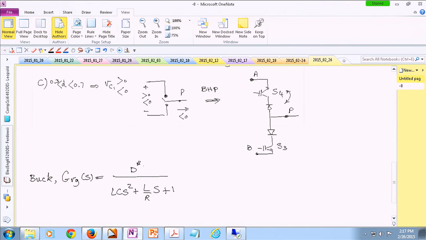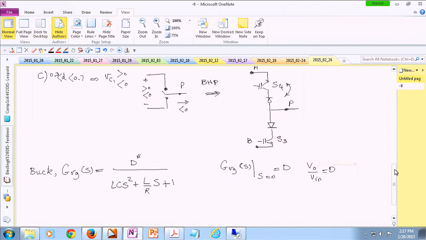When S is 0, or there are no variations, or frequency is 0, in a DC way, GVG of S for S equals 0 is D. This is what we expect to see, because if you remember, V out over V in is D. So that average or DC model that we very first analyzed for the buck converter can predict the DC value of this transfer function, but the rest of the dynamic is not predictable by that approach.